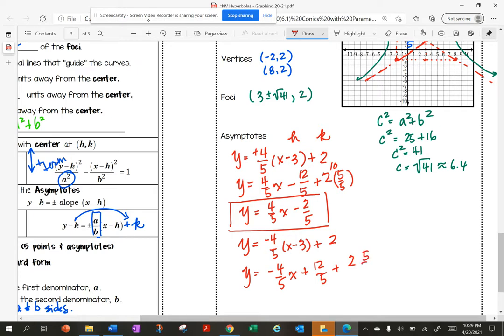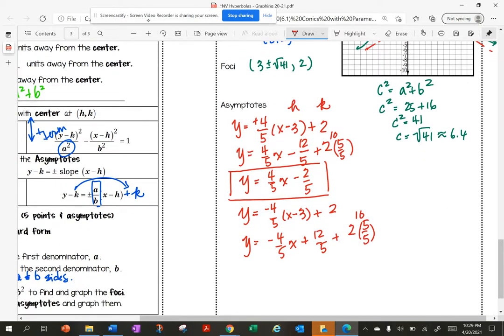And again, I'm going to multiply by 1 in the form of 5 over 5. So simplifying, I get y equals minus 4/5 x. And I have positive 12 plus 10, so plus 22 over 5. So these are my two asymptotes. So this is my positive asymptote. This is my negative asymptote.